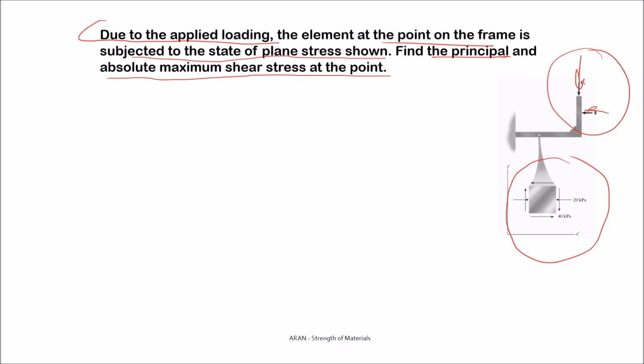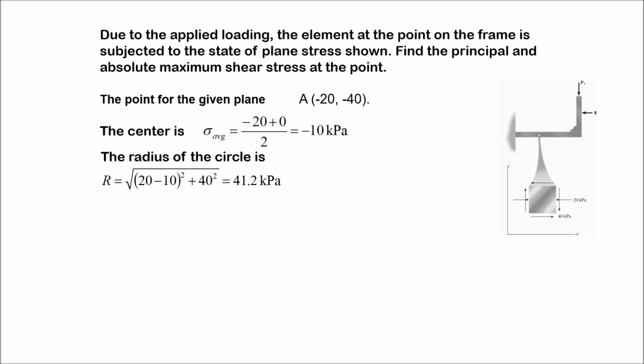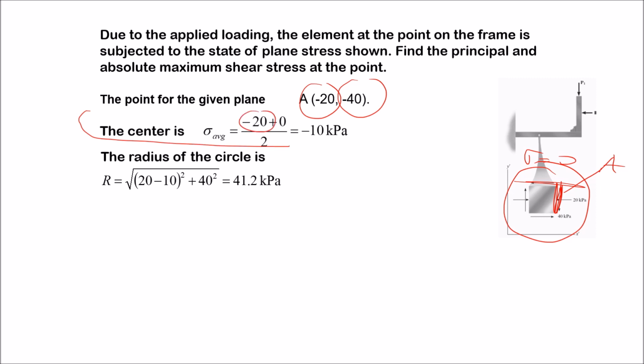and principal stresses are to be solved. So for this case, if you take this plane as A, well, your sigma is minus 20, your tau is minus 40, and on the other perpendicular plane, sigma is 0, so the center is minus 20 plus 0 divided by 2, and that gives you minus 10.